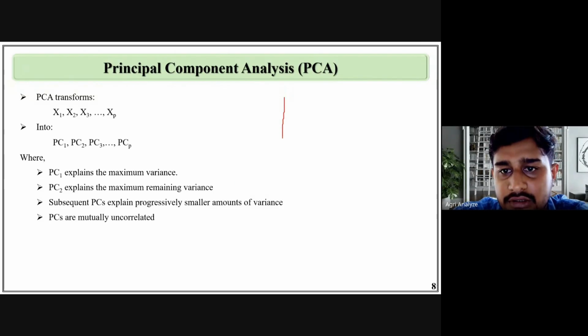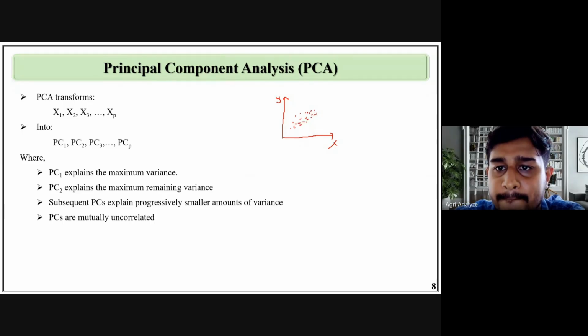If we have data like this, here we take only two-dimensional data, y and x. We have data that looks like this. So this is the trend of our data.